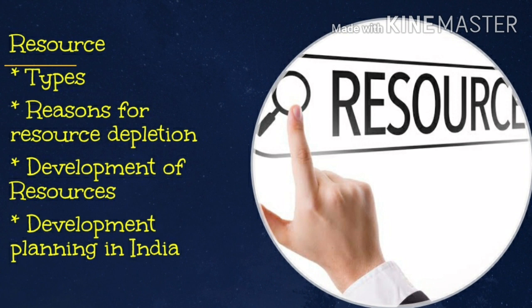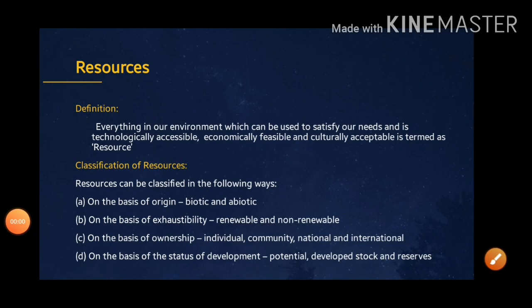That is, what is a resource and what are its types, reasons for the depletion of resources, then finally development planning in India. In the next part, I'm going to cover the important resources, land resources and soil resources. So let us go to the lesson.